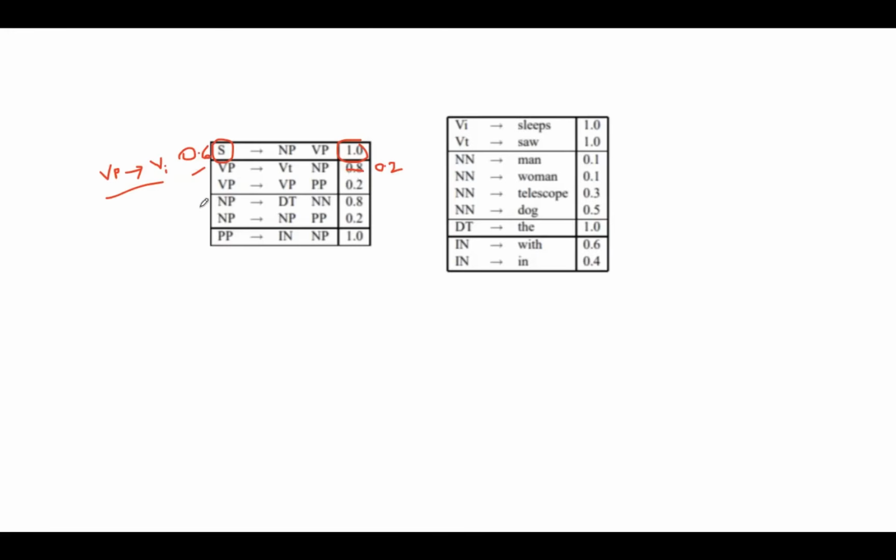For NP, we have 2 possibilities, and 0.8 plus 0.2 gives 1. These probabilities have clear interpretations: they are conditional probabilities conditioned on a particular non-terminal, distributed over the different ways of rewriting that non-terminal.